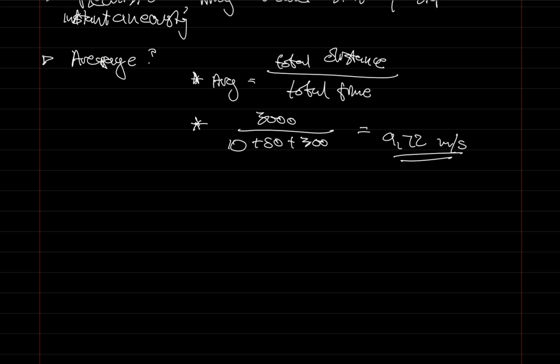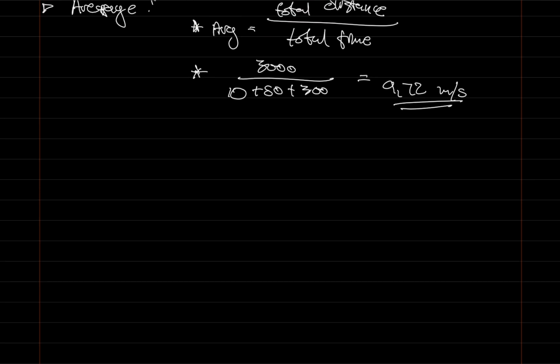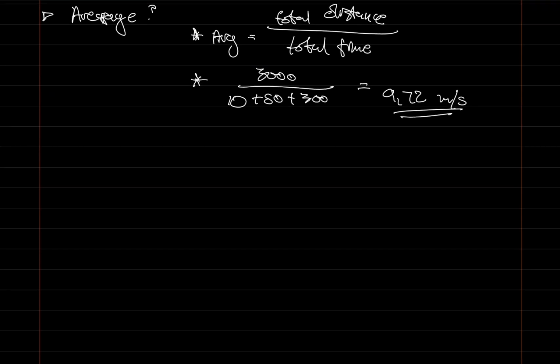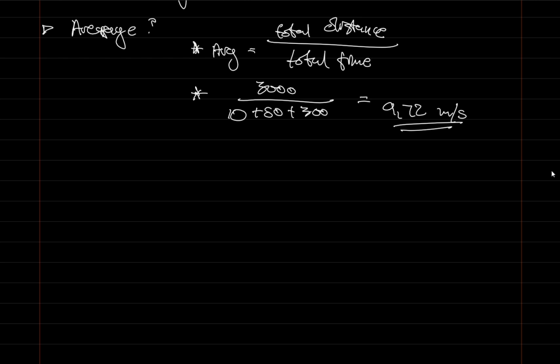That's the actual speed that she's traveling. That's the instantaneous speed that she's traveling. Okay, but what about the velocity? Because that's the speed. It's not the velocity. So what about the velocity?